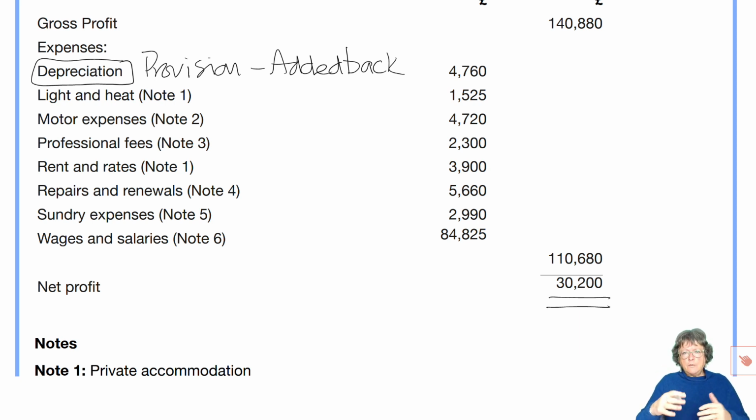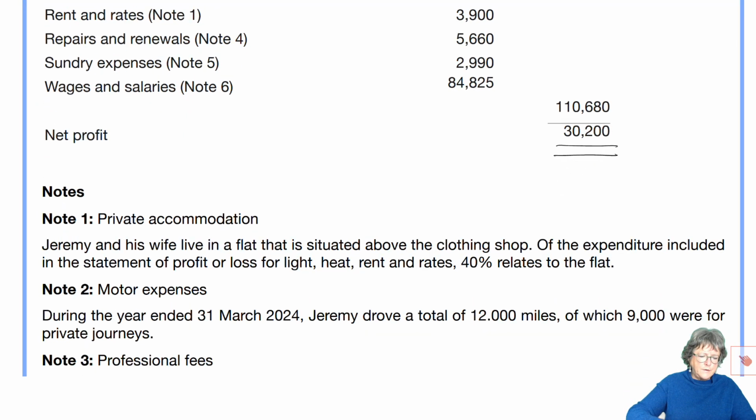What I would do when I was reading a question is to start with the net profit figure and then add in depreciation straight away, because I know I'm going to find it in the question, and then deal with the notes. That's just a bit of a safety net thing. So then we've got all these expenses that are in note 1, 2, 3, 4, 5 and 6. So let's have a look at these notes.